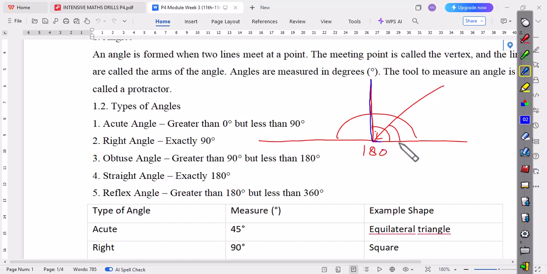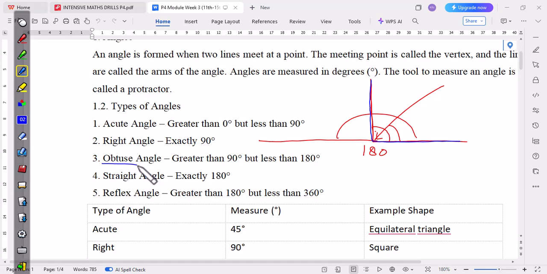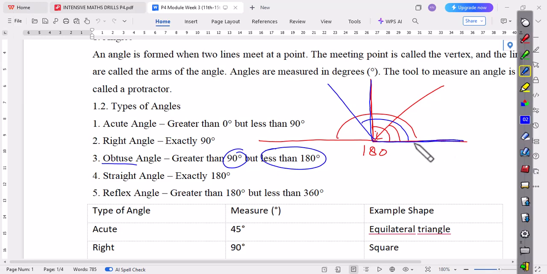And obtuse angle must be bigger than 90. It can be checked from here, can be taken from here. So this is an example of obtuse angle. Greater than 90, but with another rule, less than 180. So if we take the line from here and we put it here, this one is still an obtuse angle.